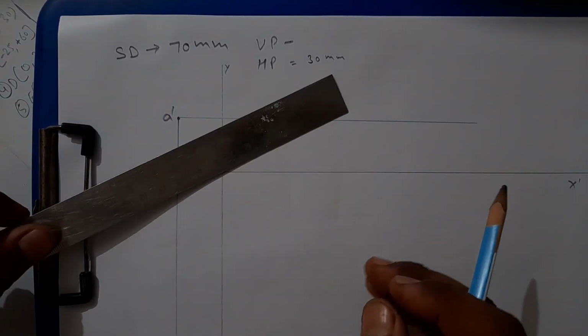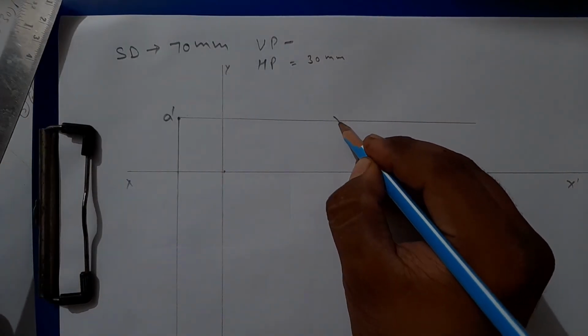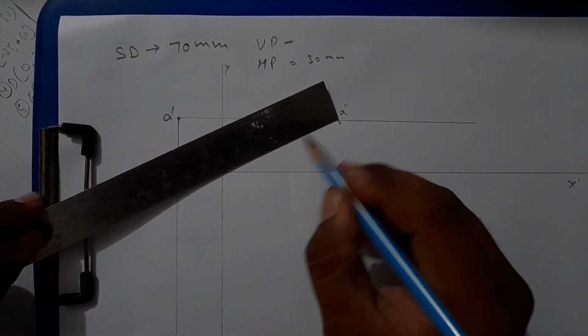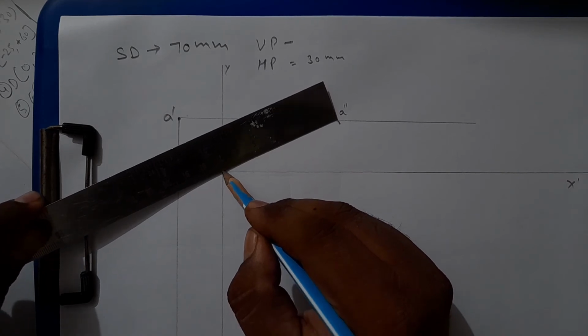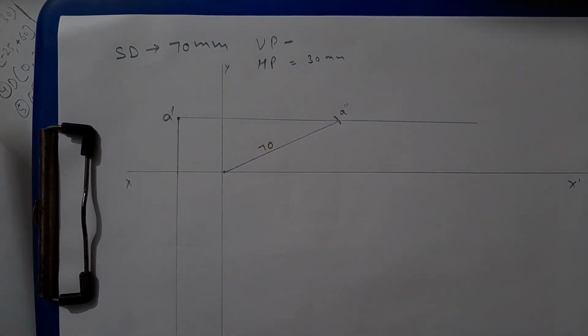Here we are just measuring that. This is A double dash. What we need to do is just join this line. This is the shortest distance, 70 mm.